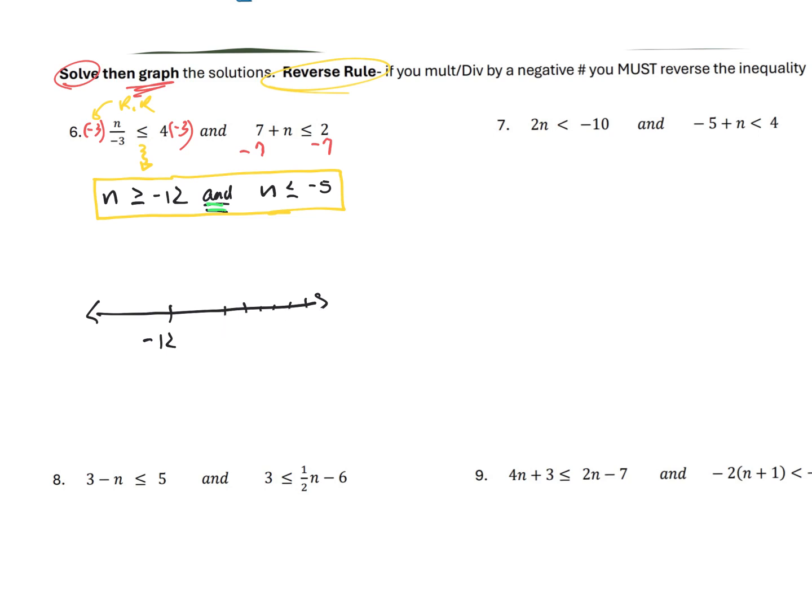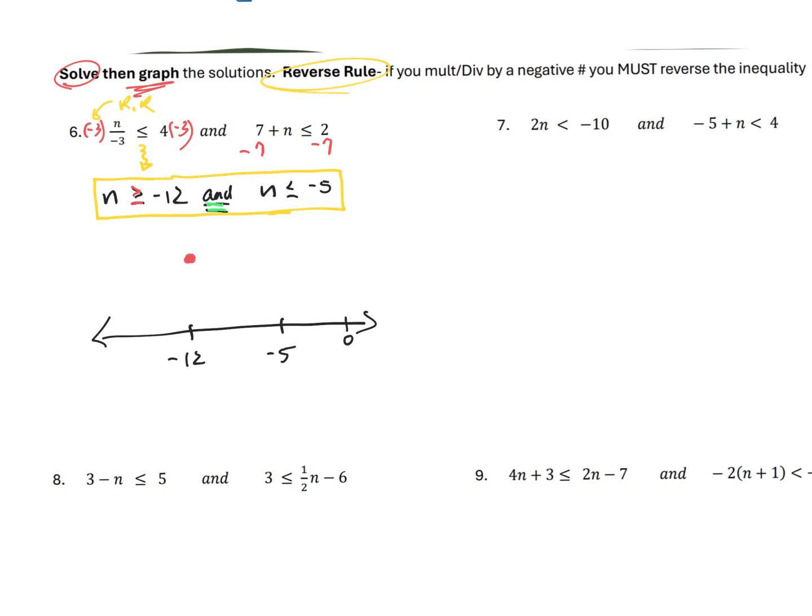So you need to make sure that when you're placing your values, your smaller number always goes on the left and your bigger number that's closer to 0 always goes on the right. And then you have to make sure that you know your symbols. This is a greater than or equal to symbol. So we go above the number -12.